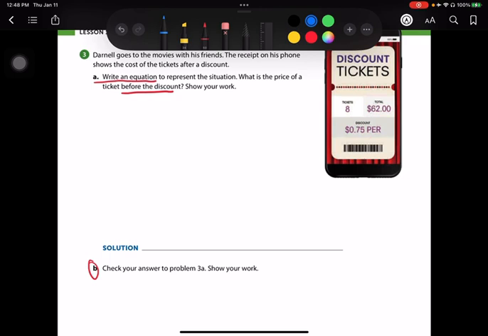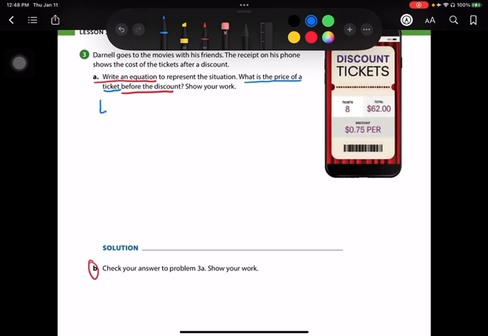Anytime you work on problems like this, the first thing you must do is identify the variable. If it's asking what's the price of the ticket before the discount, then the price of the ticket before the discount has to be the variable.